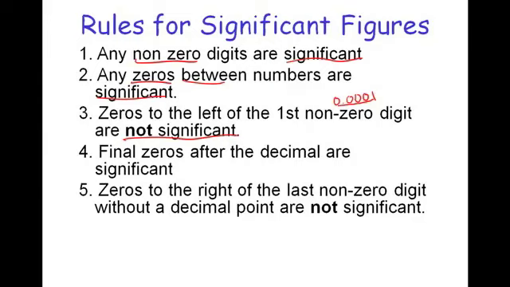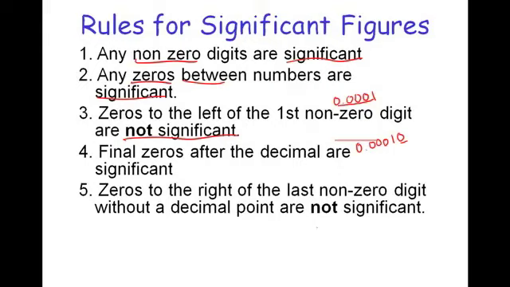Final zeros after the decimal are significant. So, for example, if we use this right here, 0.00010, this last zero is significant. Zeros to the right of the last non-zero digit without a decimal point are not significant.